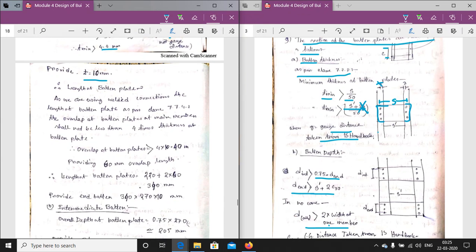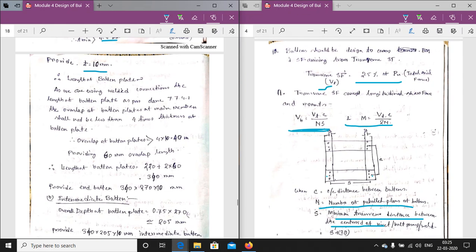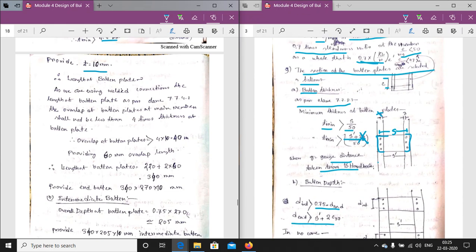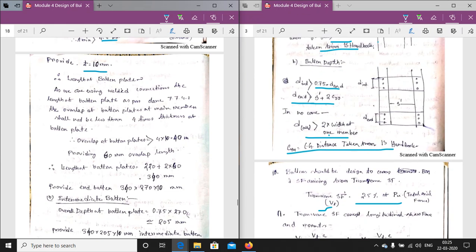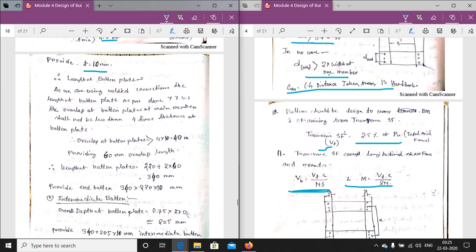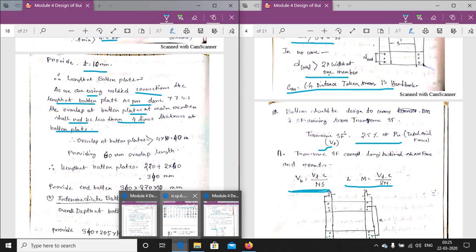Now, what is the length of the batten plate? As we are using a welded connection, the length of the batten plate as per clause 7.7.4.1: the overlap of the batten plates on the main member shall not be less than 4 times the thickness of the batten plate. Let's see clause 7.7.4.1.